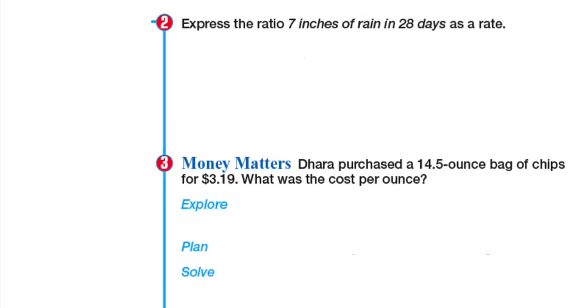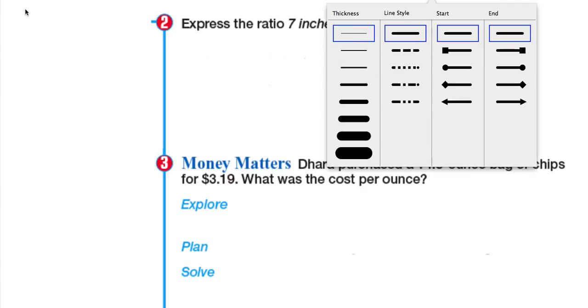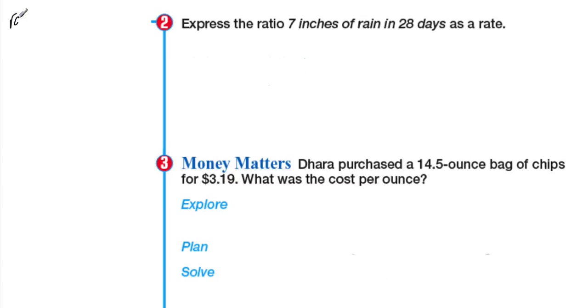So when you talk about a rate, it is usually expressed in per unit form, and when you say per unit form, the denominator in this particular rate is equal to 1.